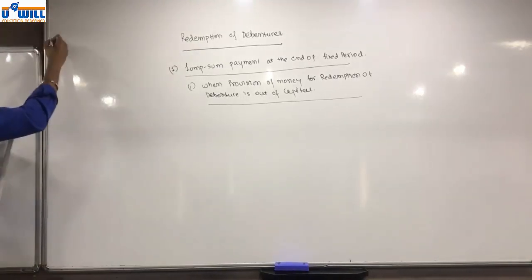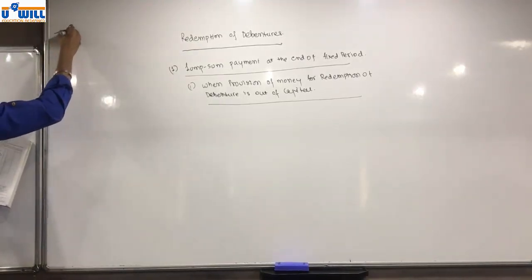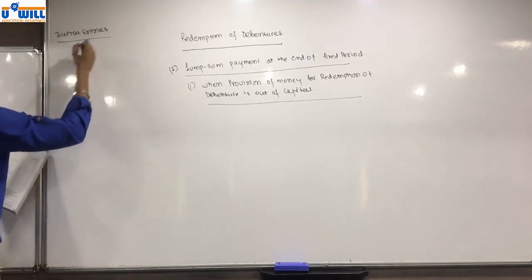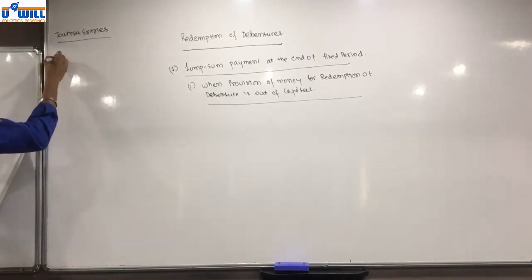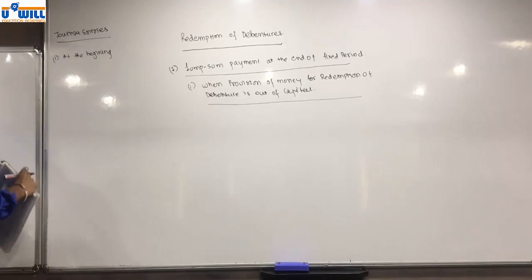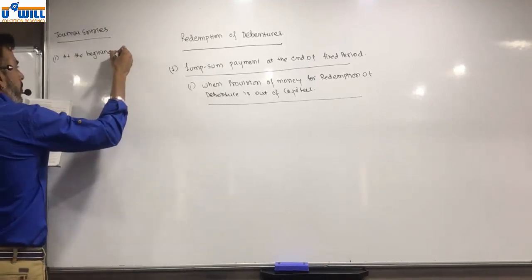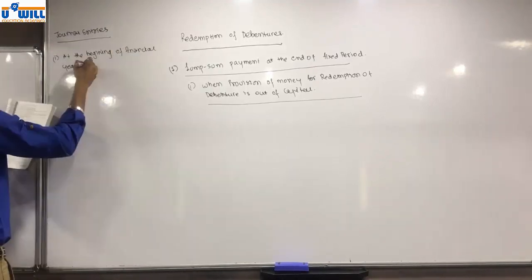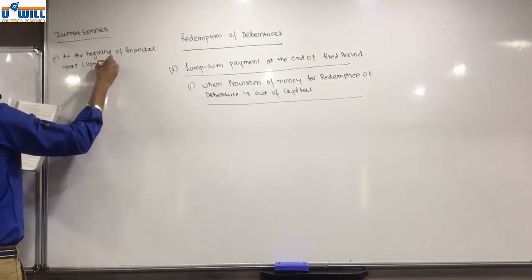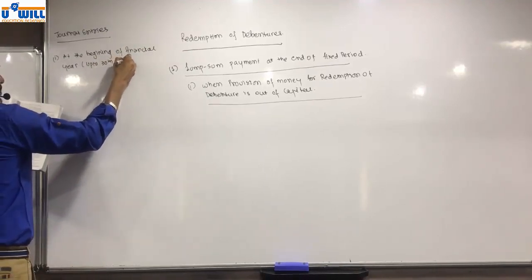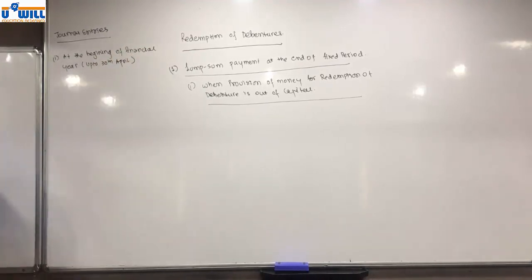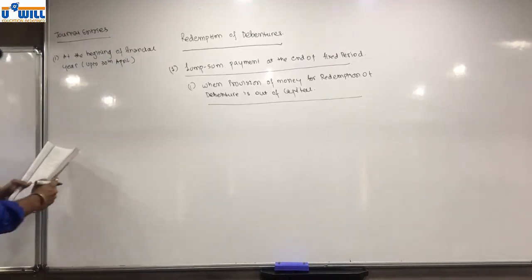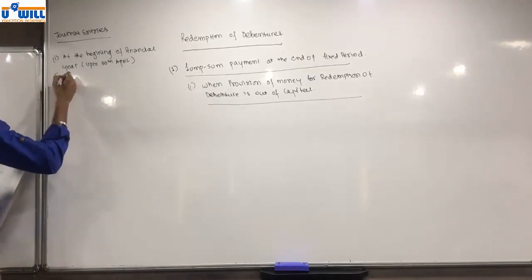We'll start with the first, journal entries. First, at the beginning of financial year, up to 30th April, ये डेट याद आया सबको? Okay, now, what is this?